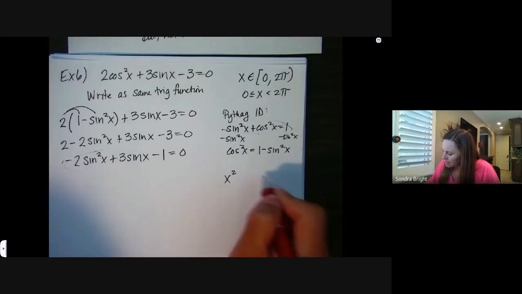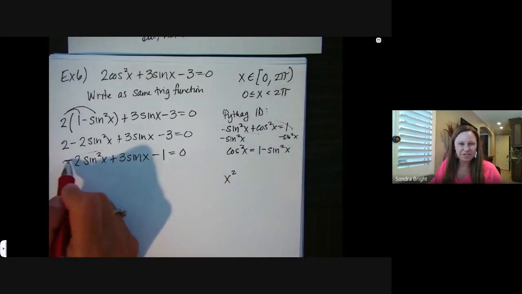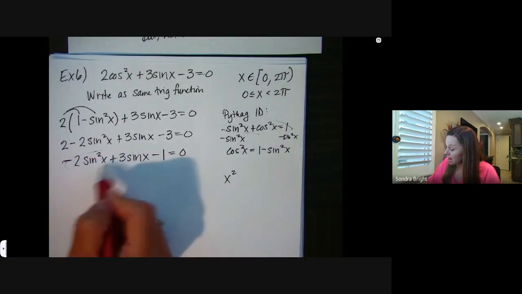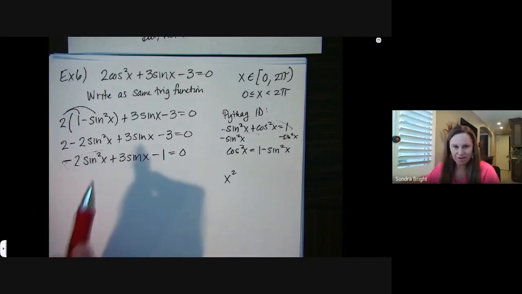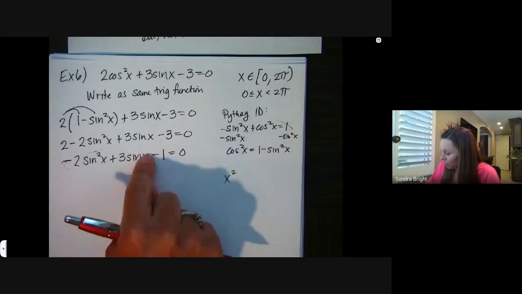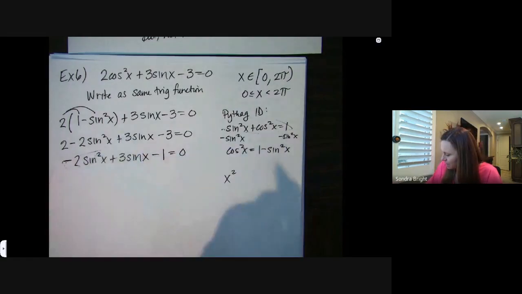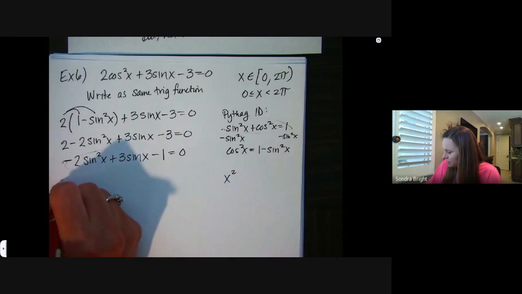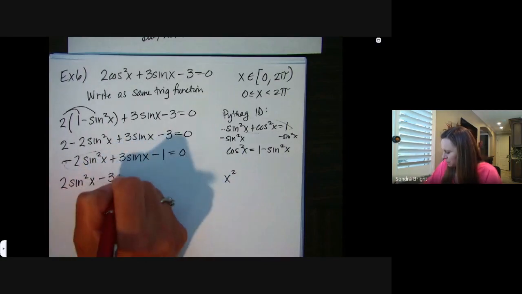I really want this to be a positive squared term though, because it's easier to factor that way. So you can imagine I'm going to add it over here, I'm going to subtract this one, I'm going to add that one. Or you can think of it as I'm going to multiply both sides by a negative 1. But I really want my squared term to be a positive value. So it's a positive 2, a minus 3, and a plus 1.